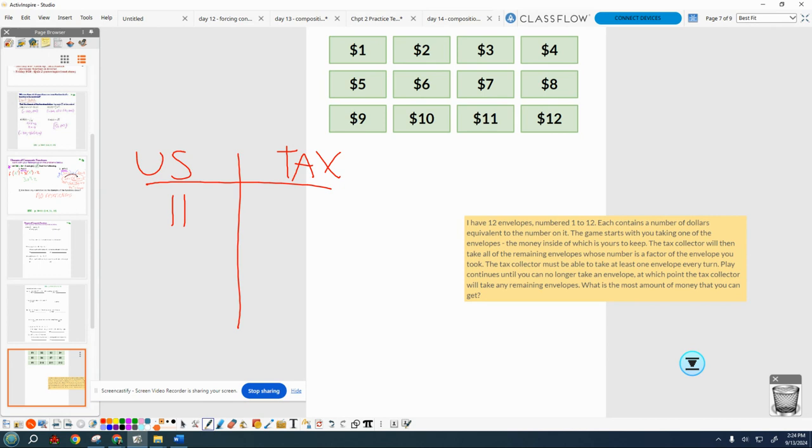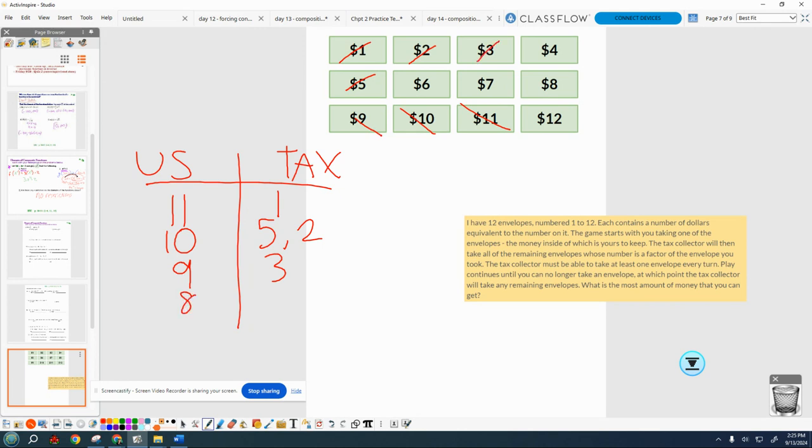Okay. Well, 11, like cross them off. So you took 11, and they took 1. And then you took 10, but then they take 5 and 2. You take 9, they take 3.